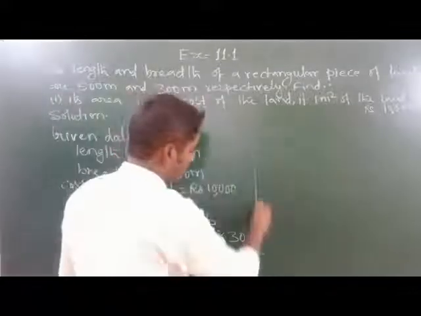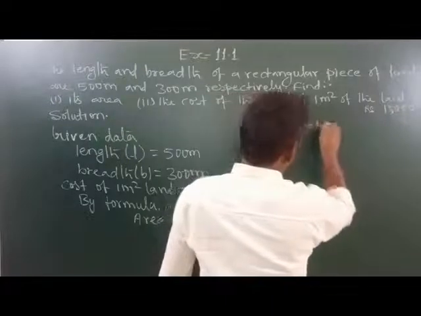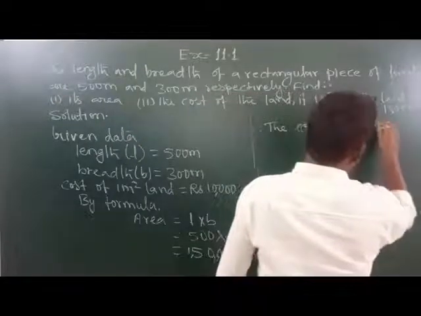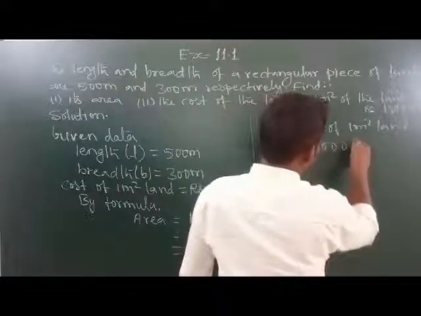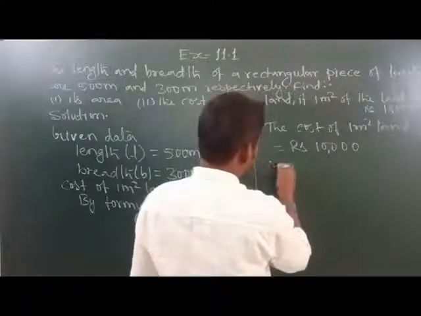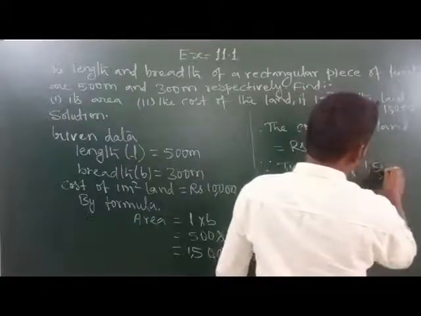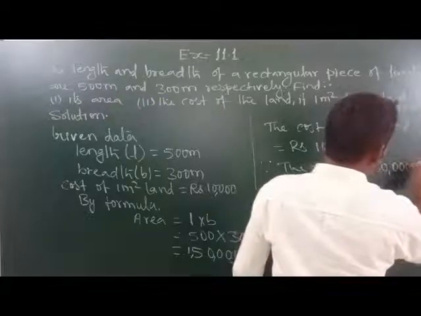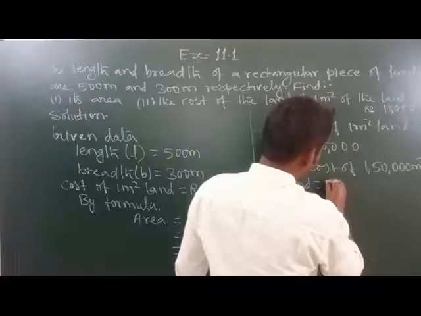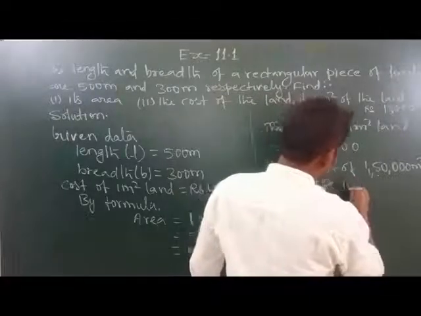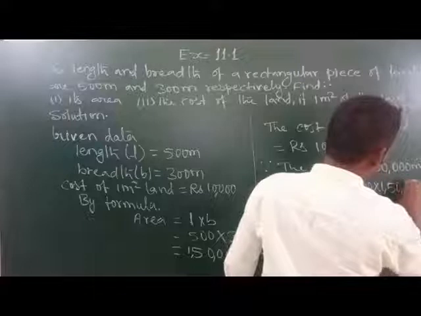Okay, so here I am going to multiply. Here we will write: since the cost of 1 meter square land is equal to ₹10,000, therefore the cost of 1,50,000 meter square land is equal to ₹10,000 multiplied by 1,50,000.